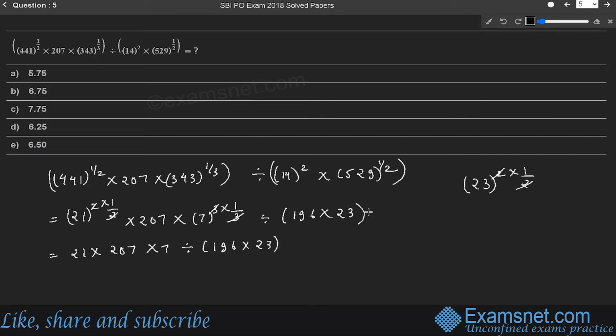By using the BODMAS rule, it will be 30429 divided by 4508. On further division, this will be equal to 6.75. So we can say that the value in place of the question mark is 6.75. So the correct option here is option B.